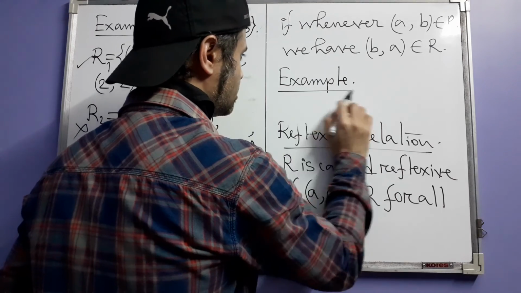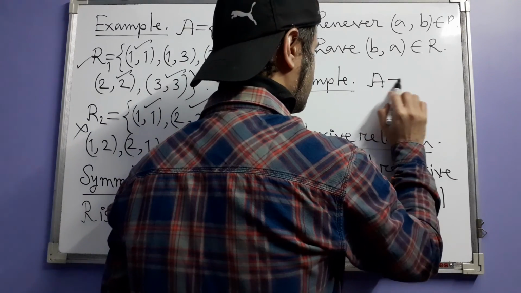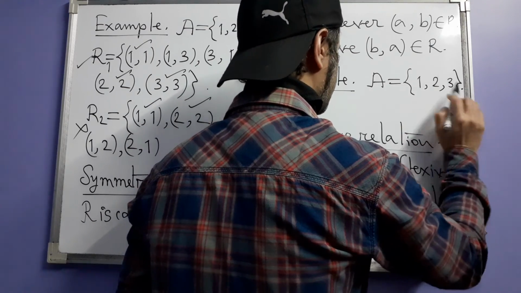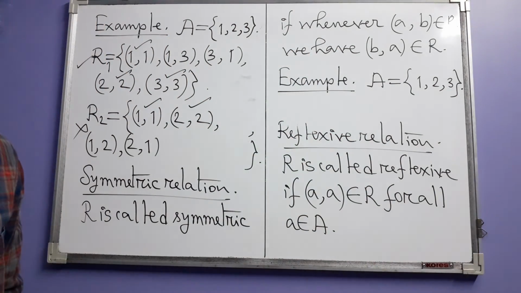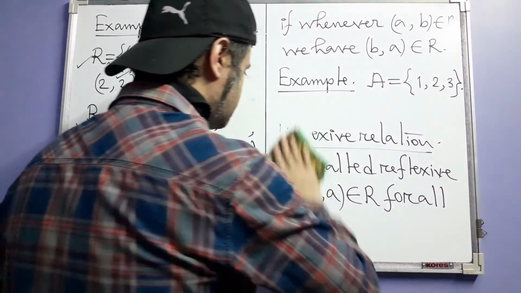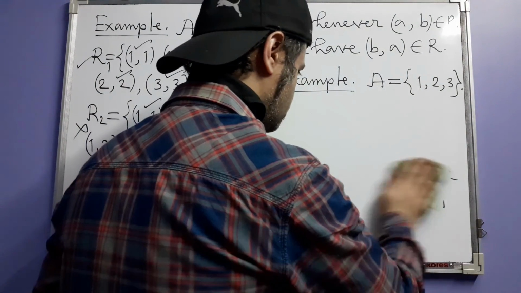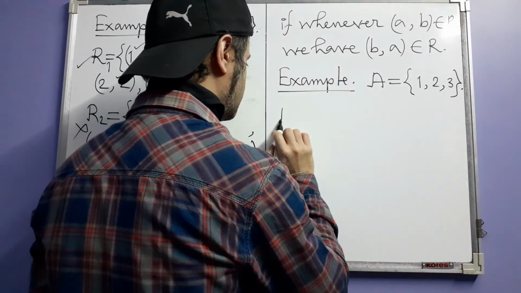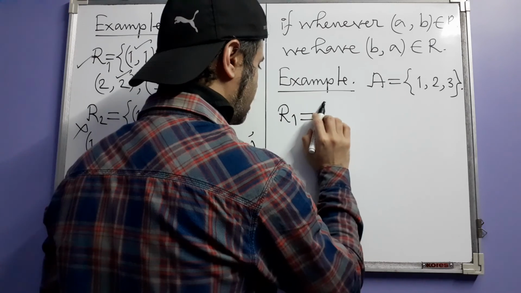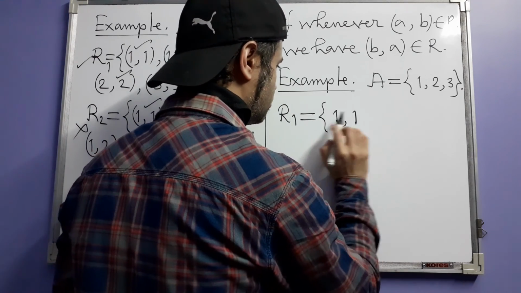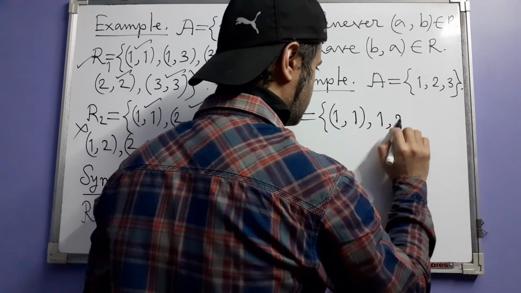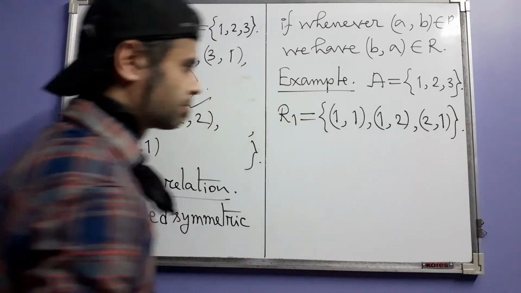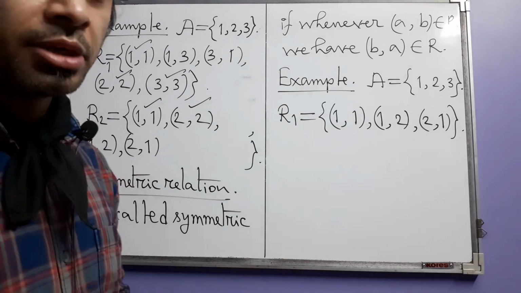You can consider this example where say A is, again let me take 1, 2, 3. And say I consider a relation R1. Is R1 symmetric?